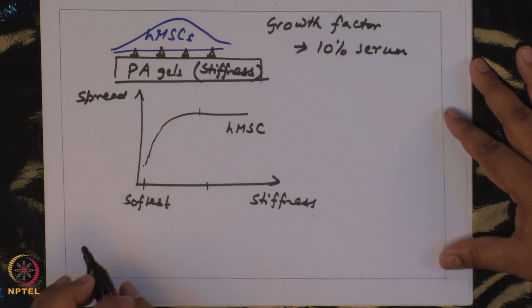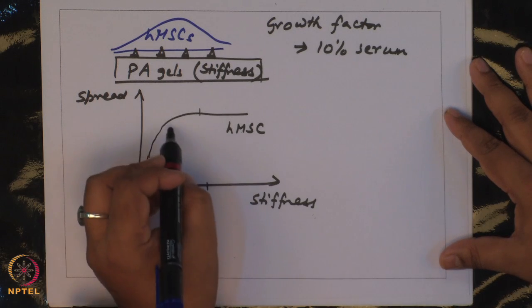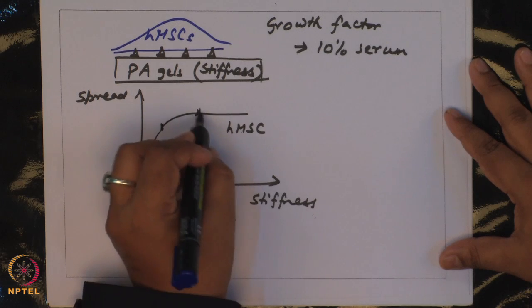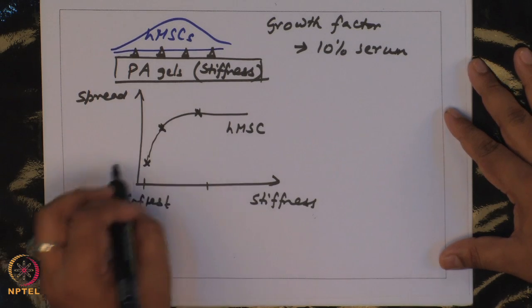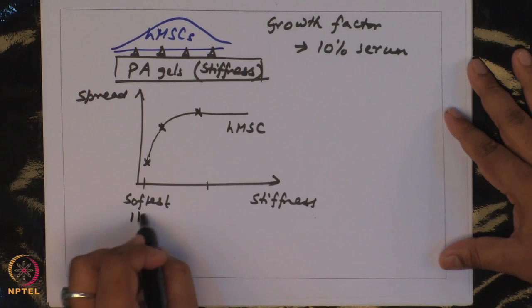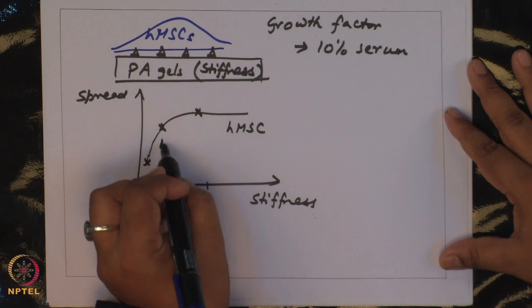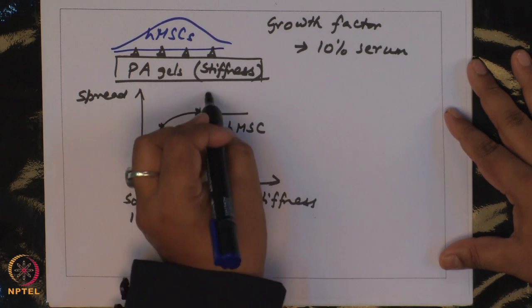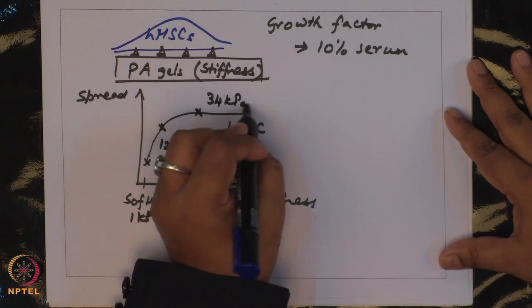However, if you look at the shape, this is soft, 1 kPa stiffness, this is 12 kPa stiffness, and this is 34 kPa stiffness.